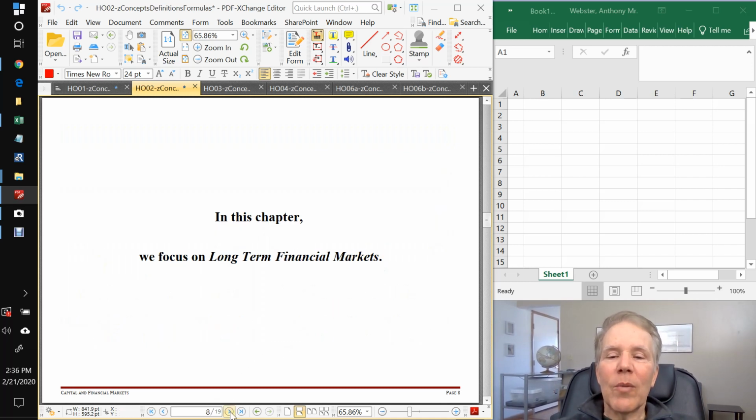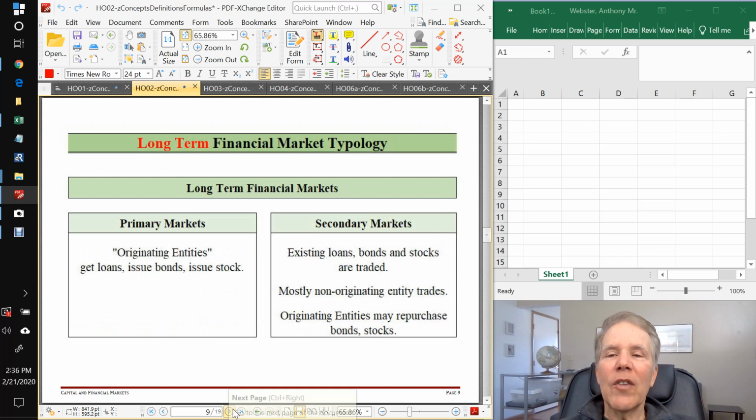So as we say, we're focused on long-term financial markets, and there are two types of those. Primary markets, that's where you go to issue stock or get a loan or issue bonds. And secondary markets are where stocks and bonds are traded among all of us mere mortals, and also the issuing company can get involved by buying back their stock. That would be a secondary market transaction, or buying back their bonds.